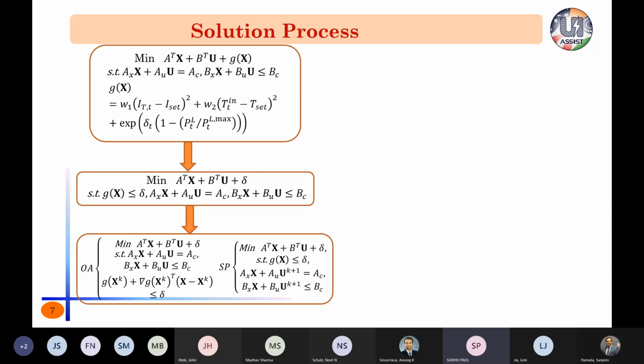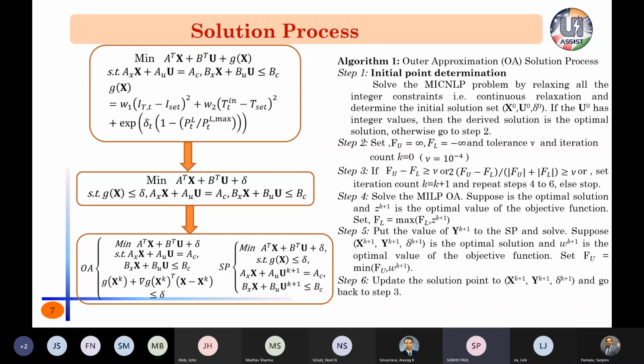The subproblem is completely a convex problem. By solving these two problems iteratively with the outer approximation method, the upper problem, the outer approximation MILP problem, gets the integer values of the decision variables, and the subproblem gives the continuous values of the decision variables.